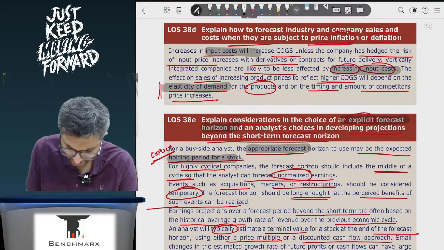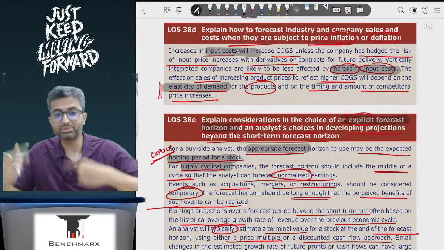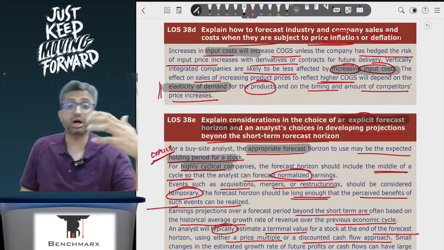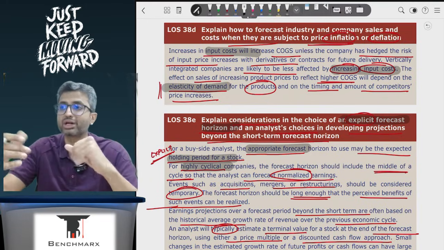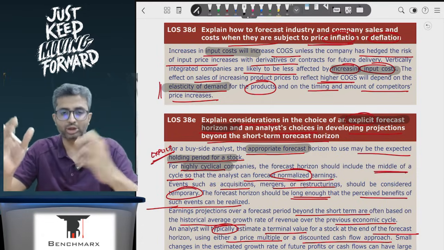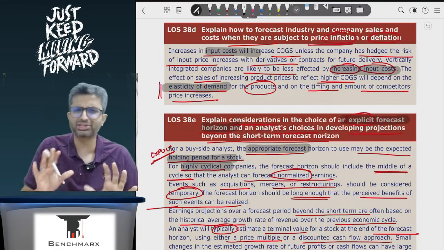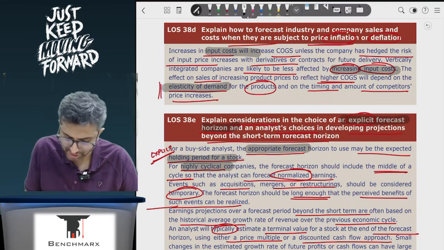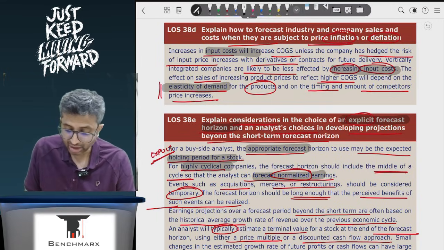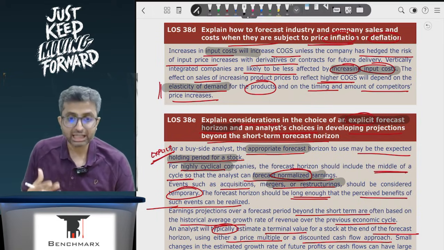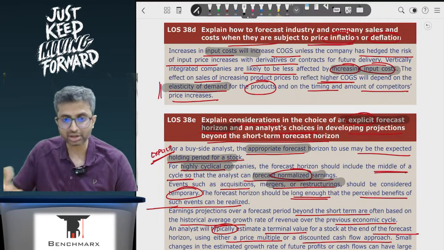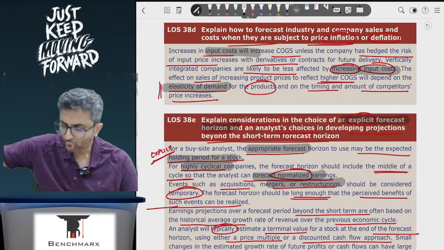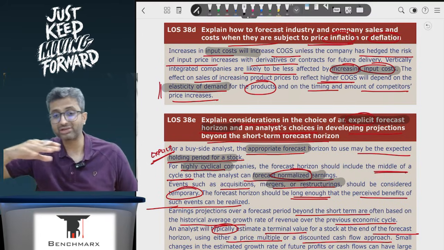After that, you will try to calculate a terminal value, which we will study in equity. For cyclical companies, which have an up cycle and a down cycle, typically your forecast should be based on the mid cycle, not on boom, not on bust. It should be based on the mid cycle data, which is usually normalized. If there are major mergers or restructurings, then your forecast should at least cover the period over which these events become normal.